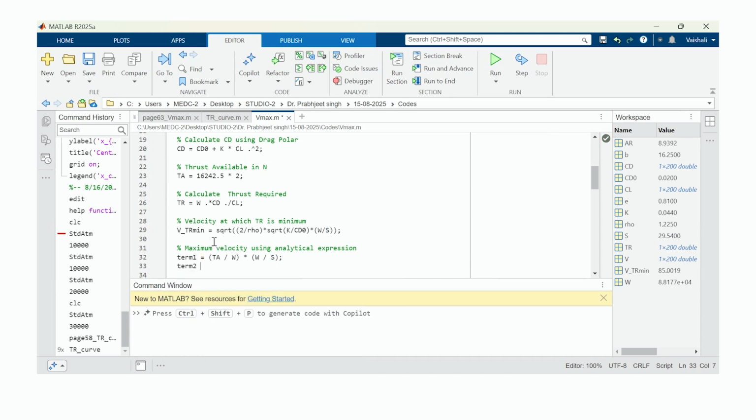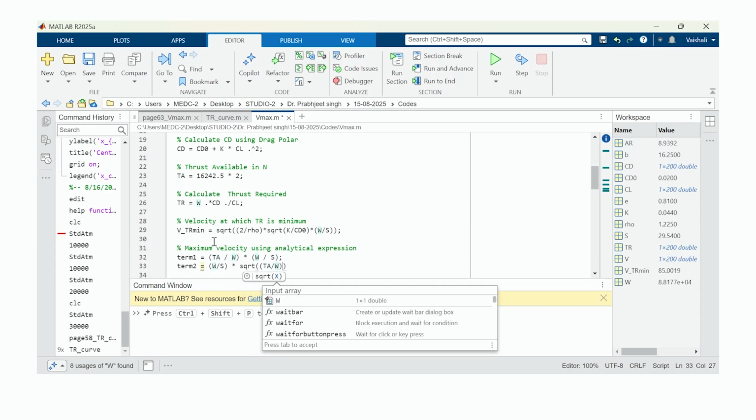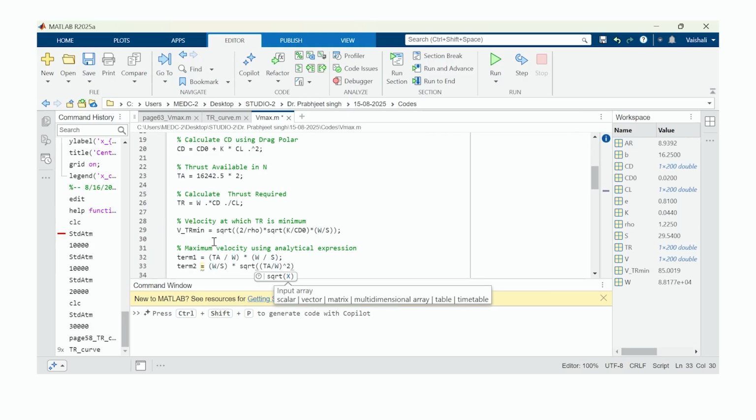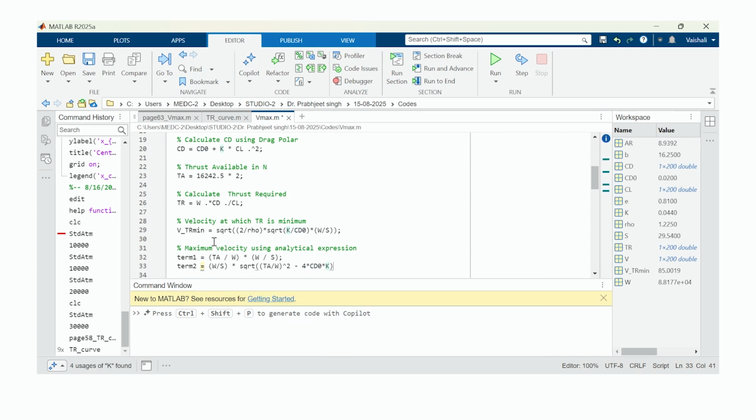Term 2 is W by S into the square root of TA by W whole squared minus 4 into CD naught into K. That's it.